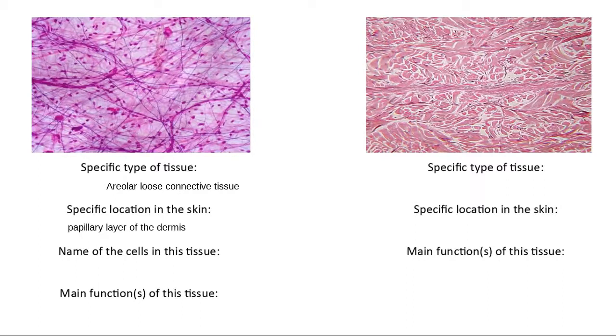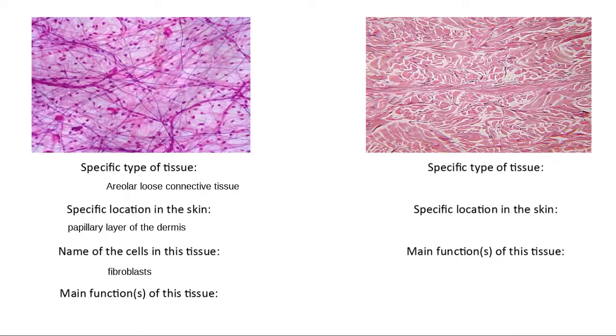Areolar loose connective tissue has a whole lot of different protein fibers in it. See all of these thick red fibers and these little branching purple fibers? Because this kind of tissue has so many fibers in it, these little spots that I see in here, the cells in this tissue, I actually call these guys fiber builders, or my technical name for them is fibroblasts.